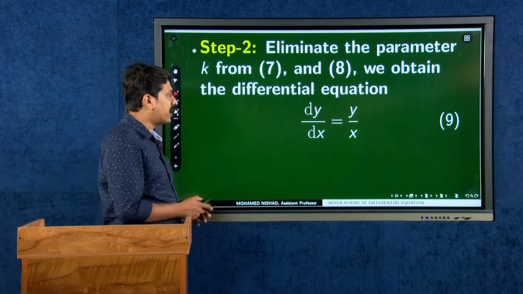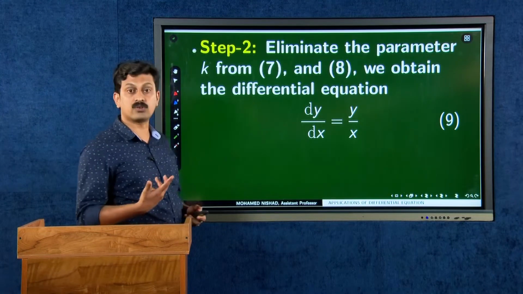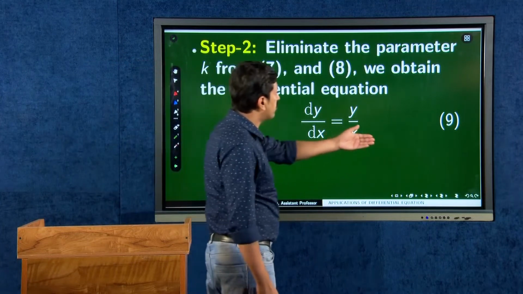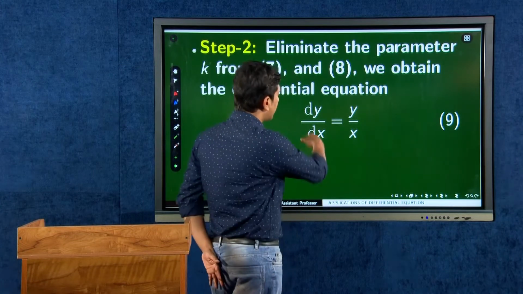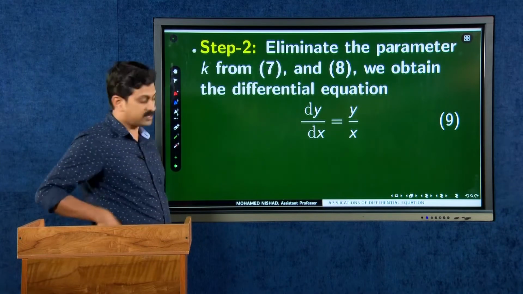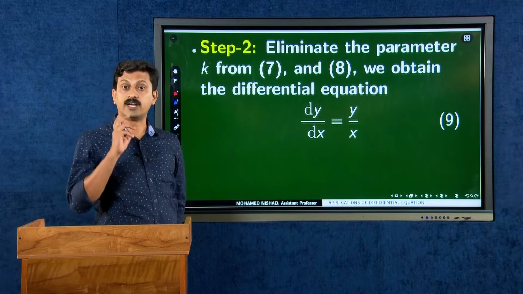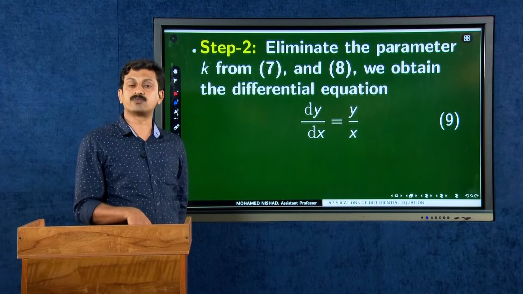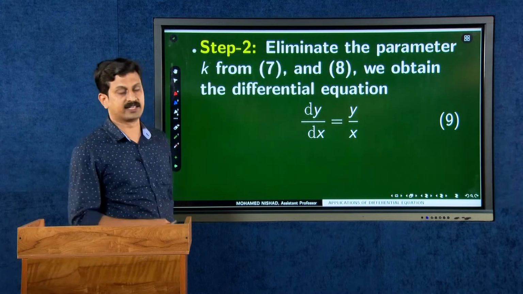See, my dear students, I can separate the variables. Now I got an equation dy by dx is equal to y by x. Here, this equation 9 is the differential equation corresponding to the given family of curves y is equal to kx.